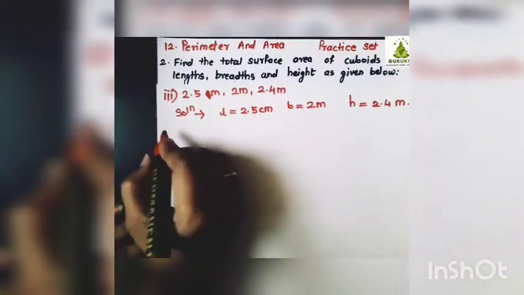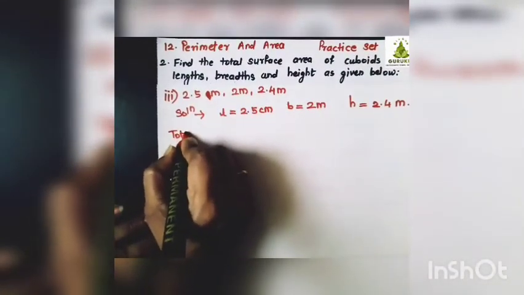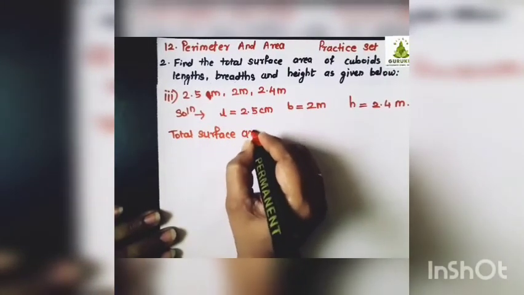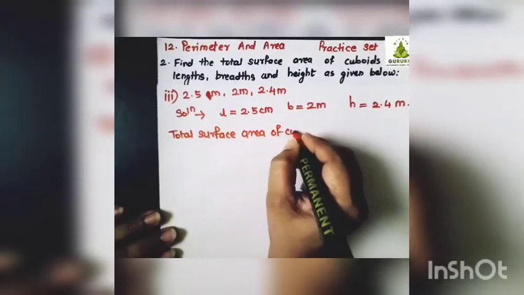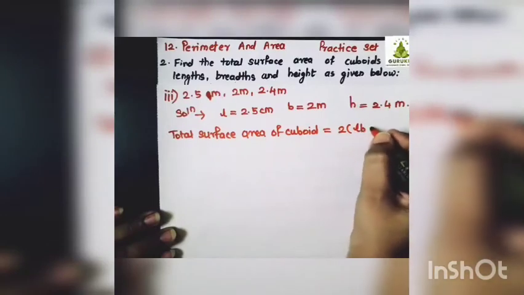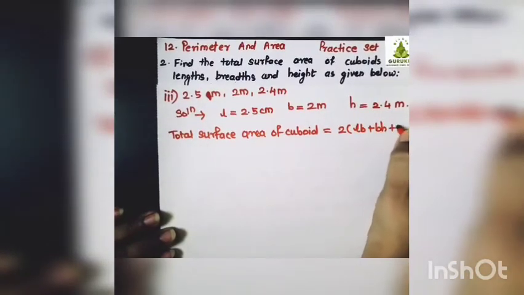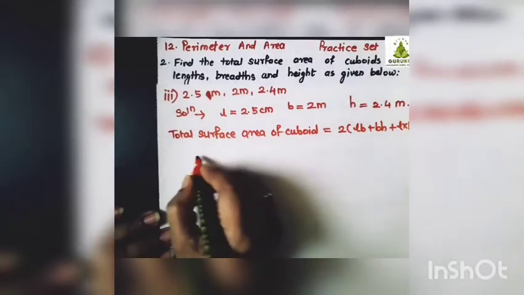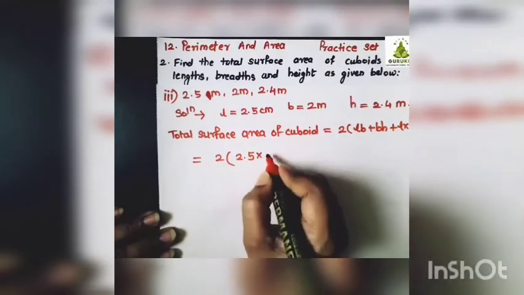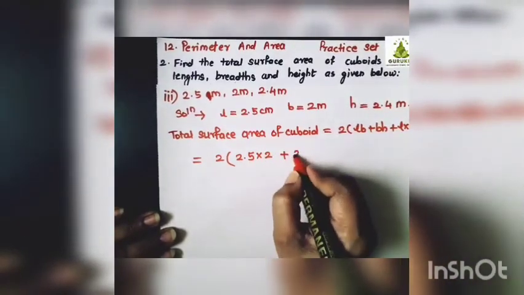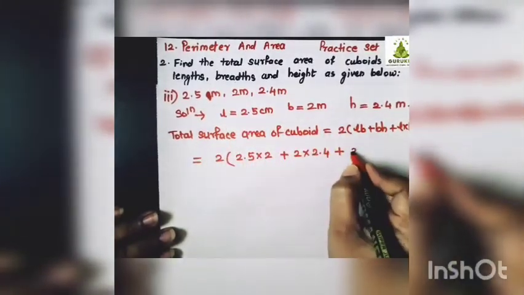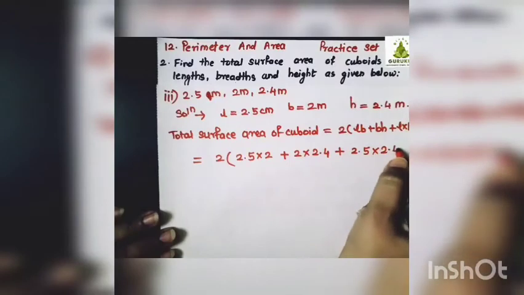Okay, write down the formula. Total surface area of cuboid is equal to 2 into bracket LB plus BH plus L into H. Substitute the values. 2 into bracket 2.5 into 2 plus 2 multiplied by 2.4 plus LH means 2.5 into 2.4.